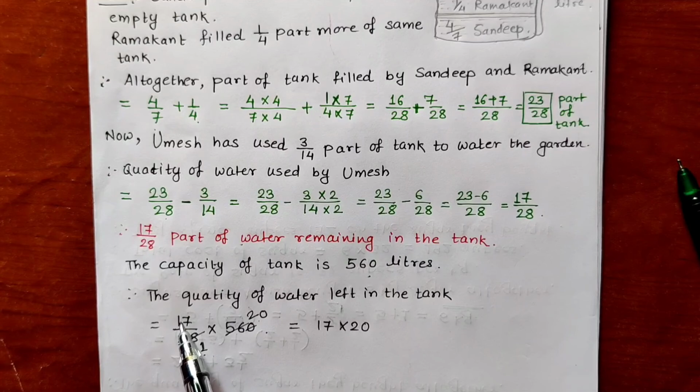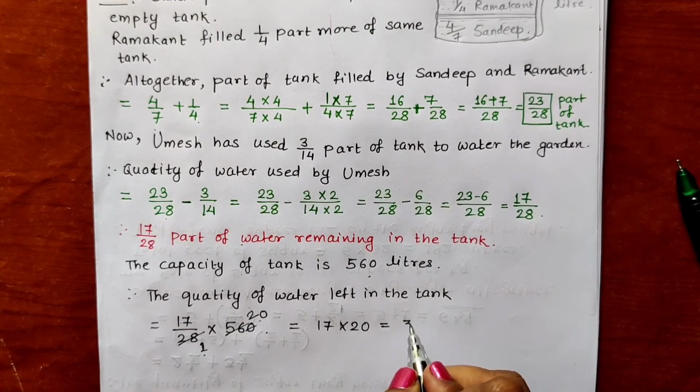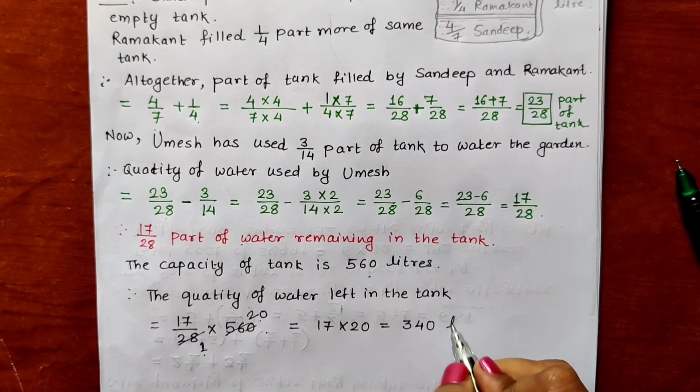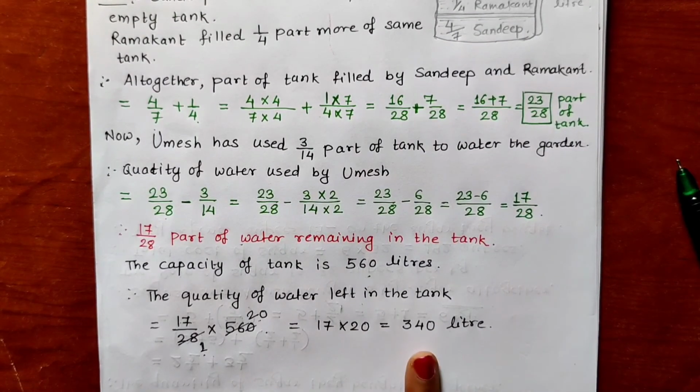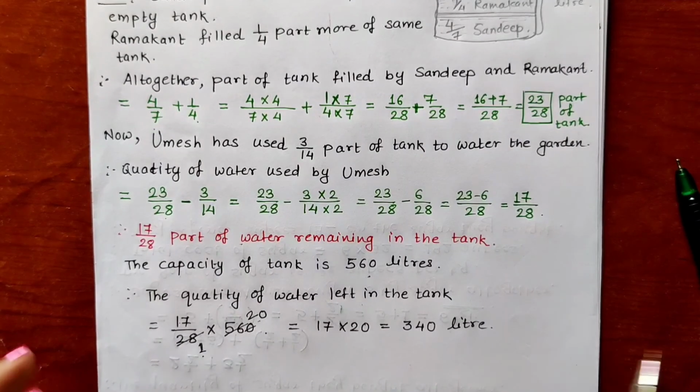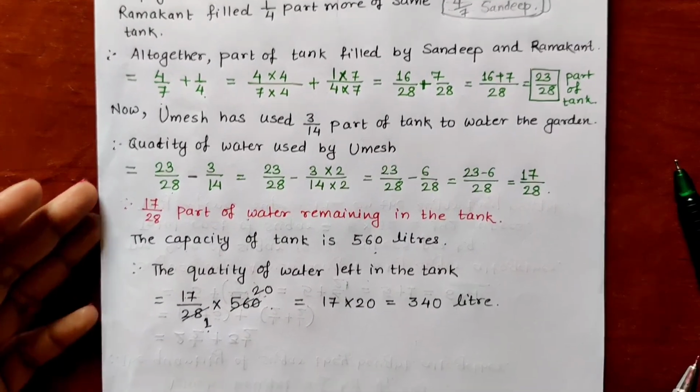So we are having 17 multiplied by 20. What is 17 multiplied by 20? 340 liters. 17 twos are 34 and 17 zeros are 0. So it is 340 liters. So how many liters of water is left in the tank?